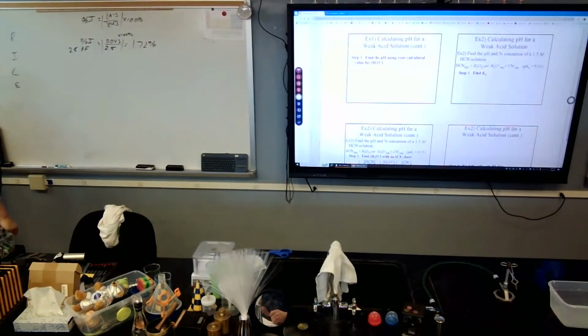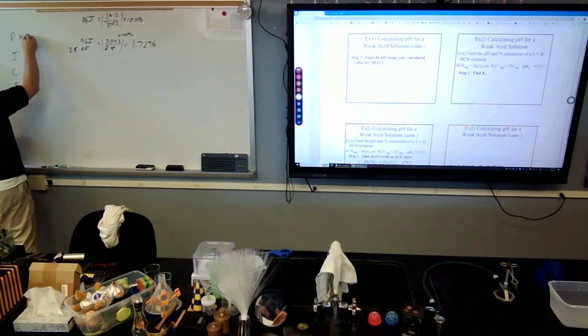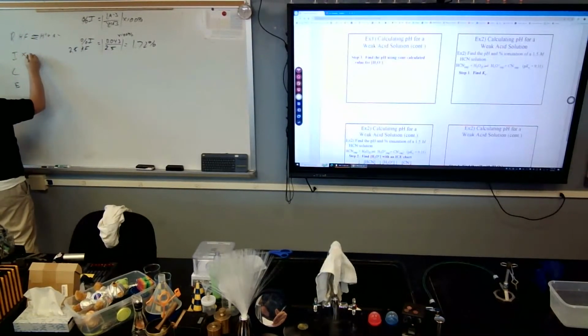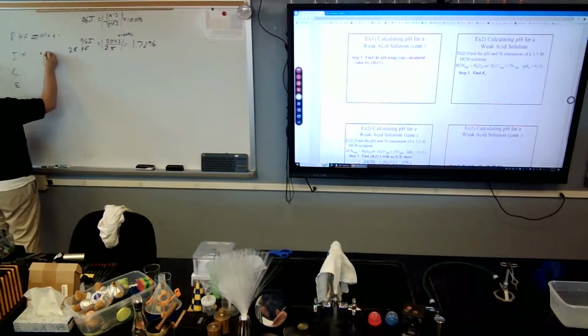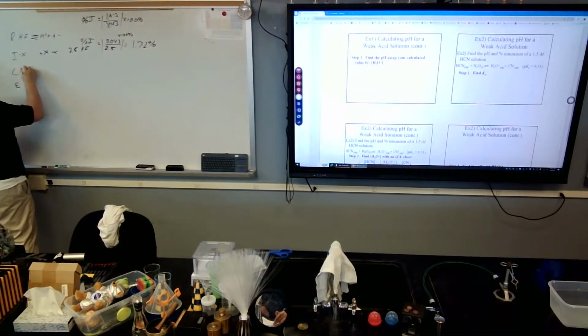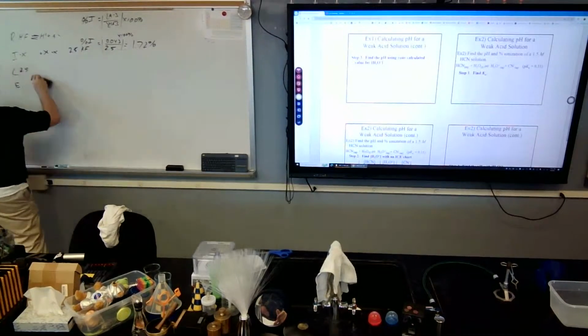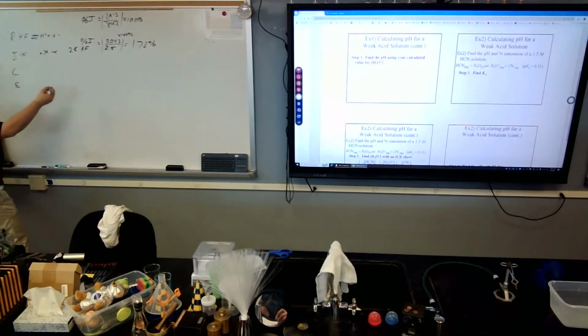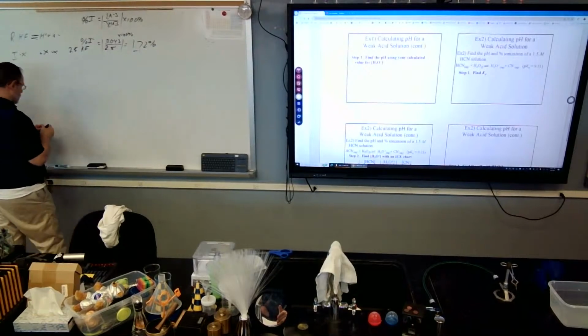Now watch what happens when you change the concentration. HF dissociates into H plus and F minus: minus x, plus x, plus x. And this was 2.5. I'm going to dilute it. So at 2.5, we get 1.72.